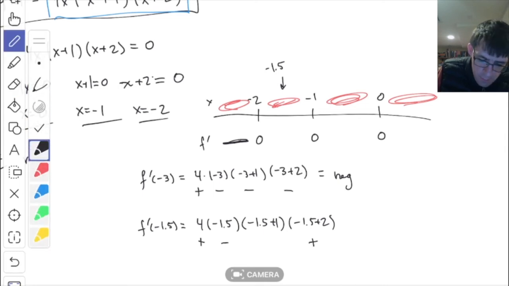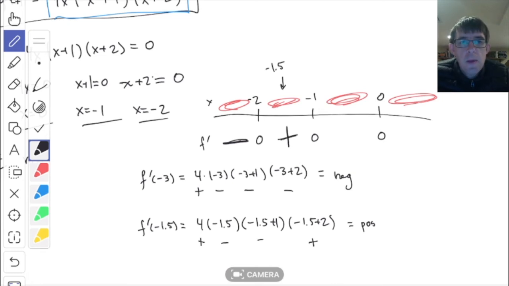It's -0.5, isn't it? So what do I get here? This is positive, right? I have 2 negatives. 2 wrongs make a right. And so I put a big plus in this region on the chart, because in between -2 and -1, the derivative is positive. All right, and we continue.